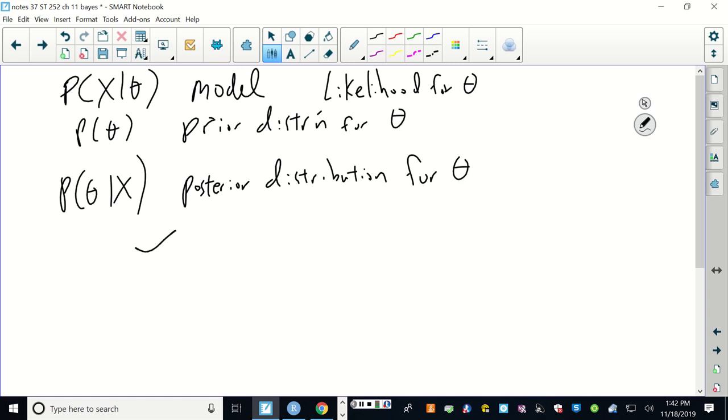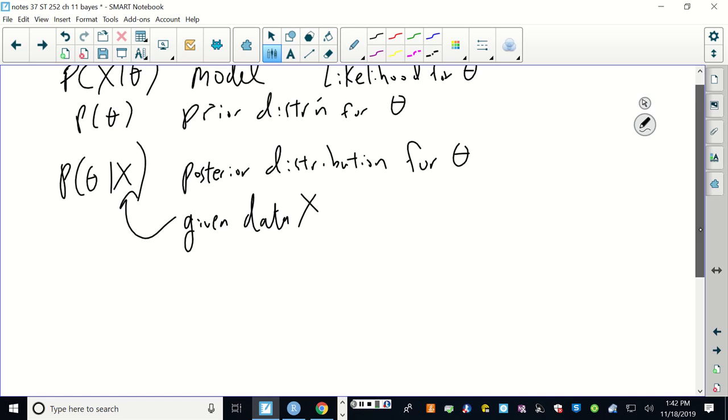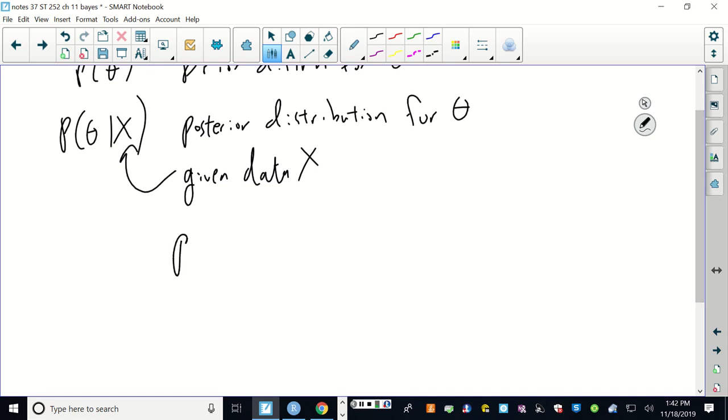And having this x on this side means that it's given that we've seen the data x. So some people talk about Bayesian analysis as updating from your prior beliefs about things through likelihood to get new posterior updated beliefs of things. And Bayes' theorem tells us how to do this.